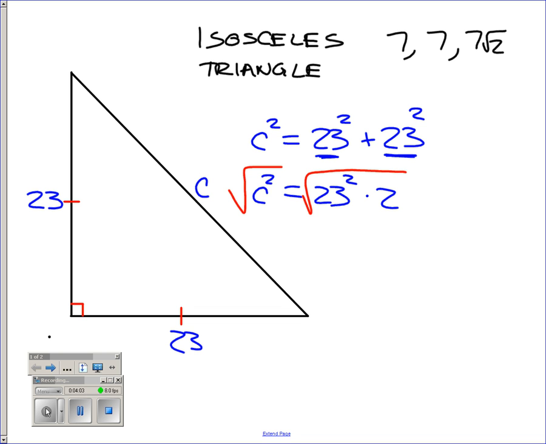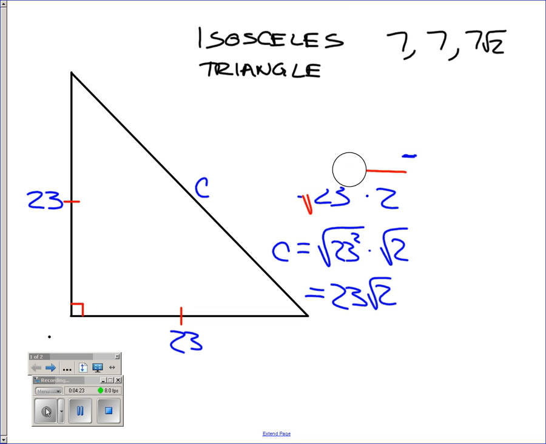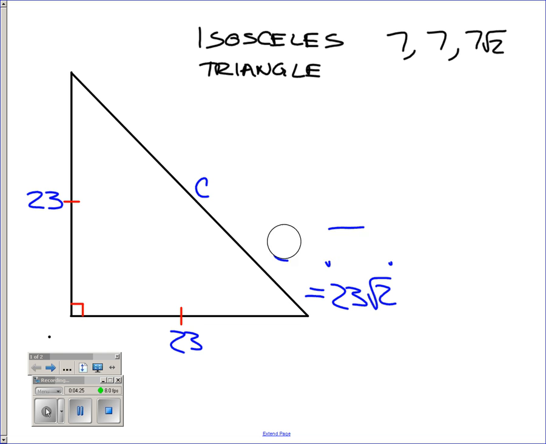Well, this is just going to be C. Again, I can separate this as 23 squared times the square root of 2 because there's no addition or subtraction in here. And then this is 23 root 2, and that's the length of C. So I'm going to erase this now and put in this 23 root 2 for the hypotenuse, putting it right here.